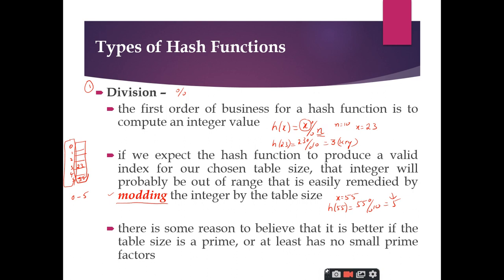Instead of taking a composite number, you prefer to take the denominator as a prime number, so that you will get a good hash function that will satisfy the requirements of a good hash function, such as fewer collisions, easy to compute and uniform distribution, right? So this is all about the division method which we will be using for the calculation of hash values.